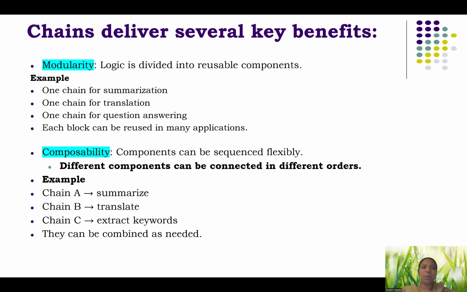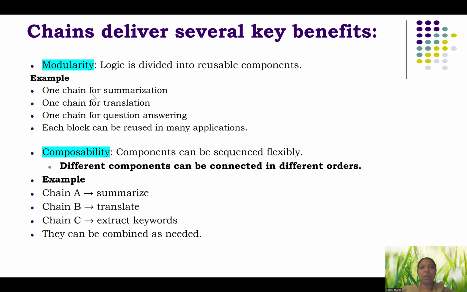For example, you have one chain for summarization, one chain for translation, one chain for question answering. Each block can be reused in many other applications. If in another application I want summarization, I can use this chain there as well, and if in some other application I want translation, I can use this chain there also. That is the importance of modularity.